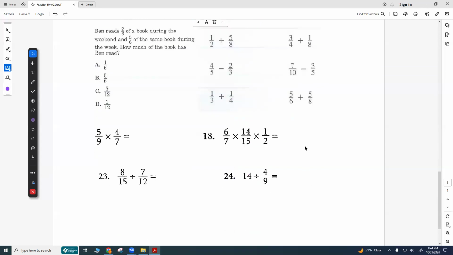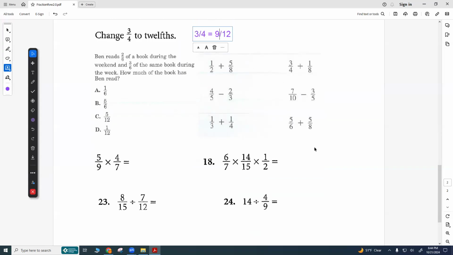So the most important thing that I want to talk about is in order to add or subtract fractions, we have to have what we call a common denominator, which means we usually have to use equivalent forms of fractions.